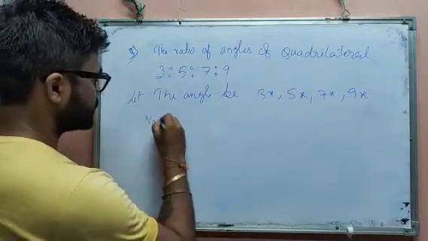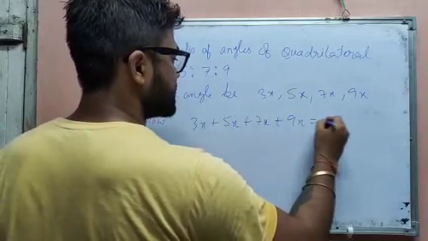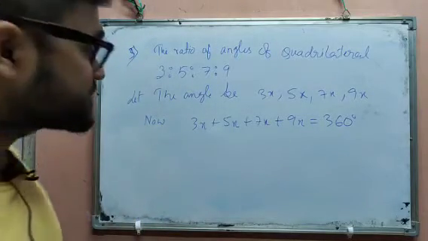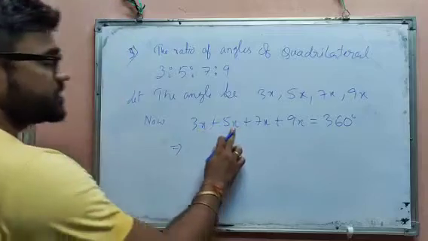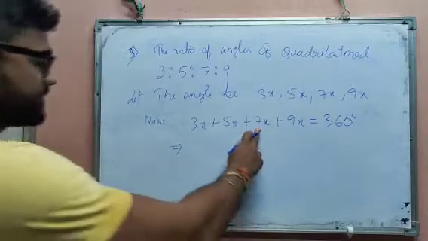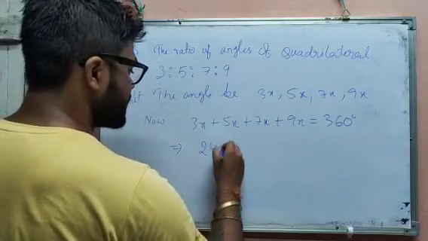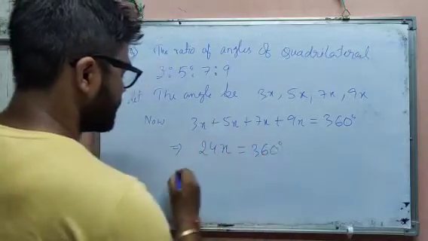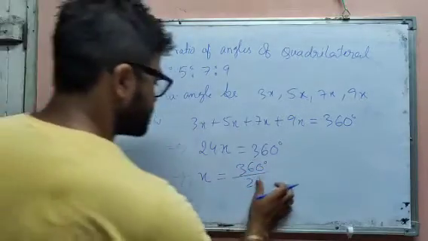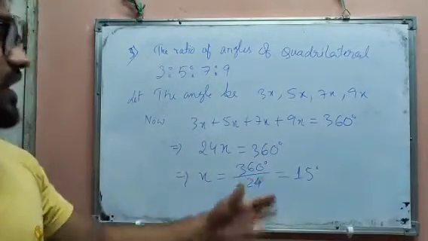Now do the calculation: 3x plus 5x plus 7x plus 9x equals 360 degrees, since the sum of the four angles of a quadrilateral is 360 degrees. 3 plus 5 is 8, 8 plus 7 is 15, 15 plus 9 is 24. So 24x equals 360 degrees, or x equals 360 divided by 24, so x equals 15 degrees.